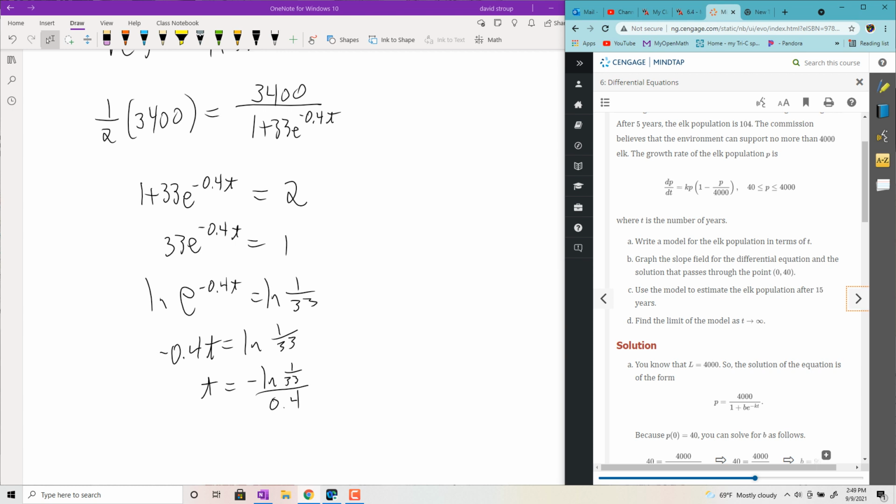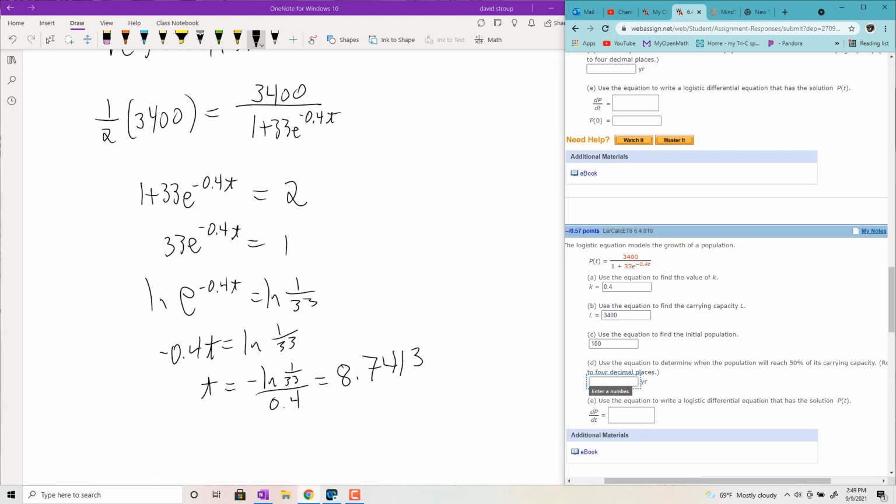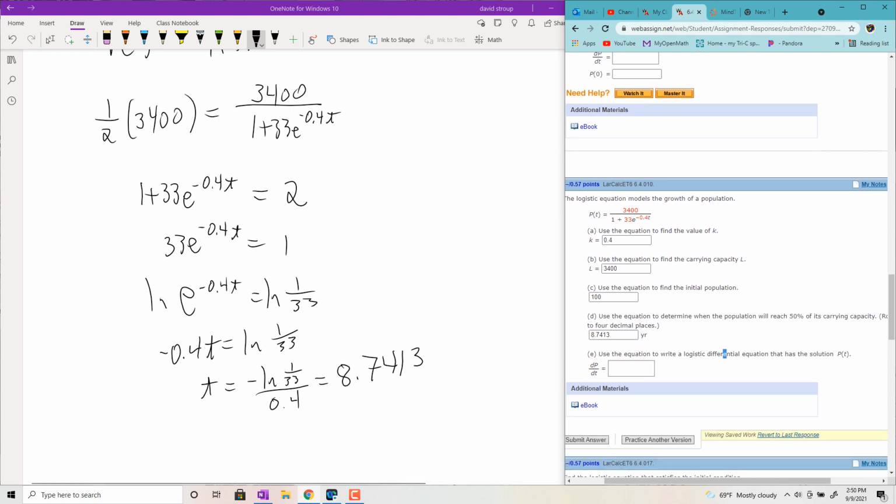So 8.7413, depending on how many decimals they want. 4 decimals, so 8.741. Use the equation to write the logistic differential equation.